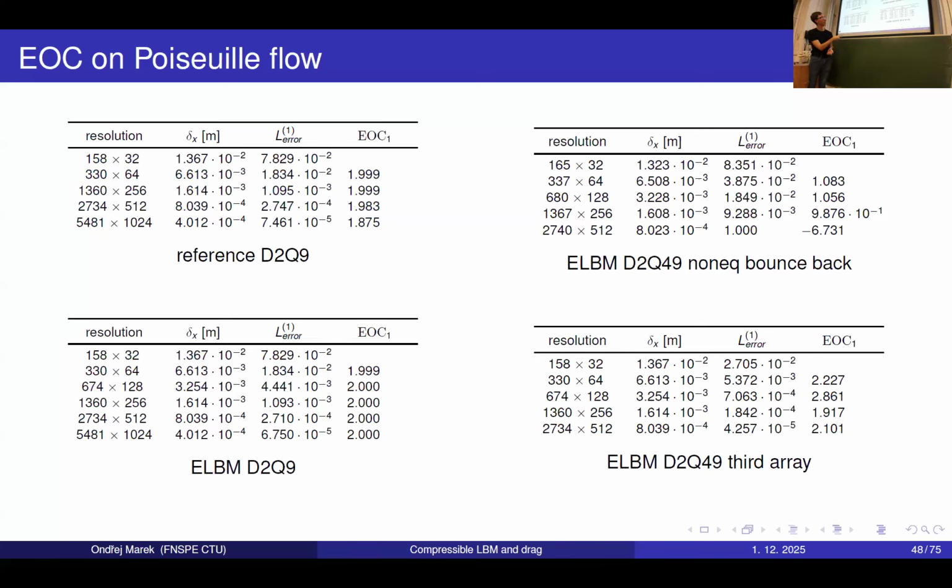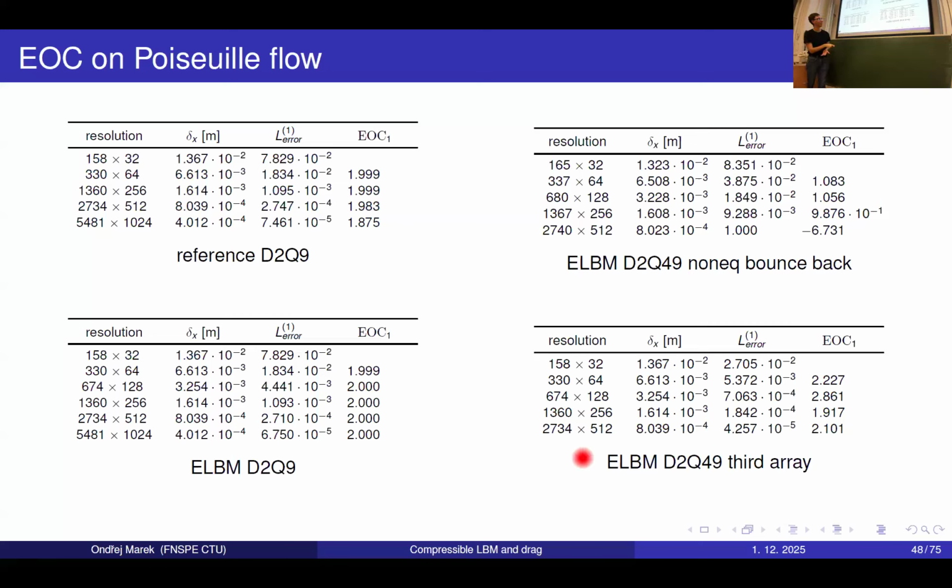But then the non-equilibrium bounce back, which I use with the 6 boundary conditions, actually works with order of convergence 1, and then it stops working completely. Here we can see the normalized error is 1, so it actually just nullified all the flow in the channel and stopped working for the large dimensions.